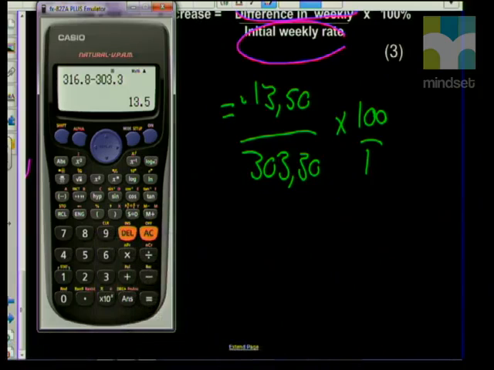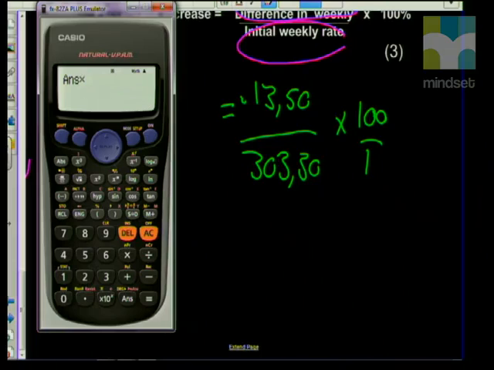I'm now going to divide that 13,50 by 303.3. Just delete that last one, didn't pick up the decimal point, equals, put it in, and now I need to multiply by 100.